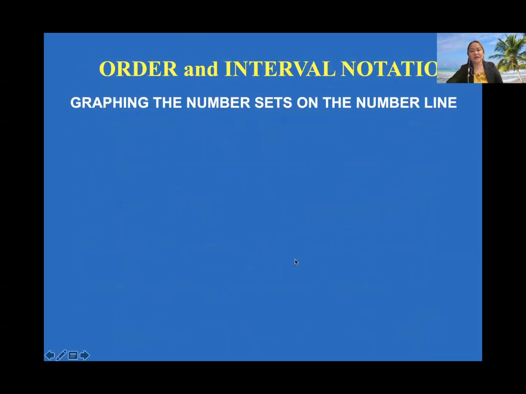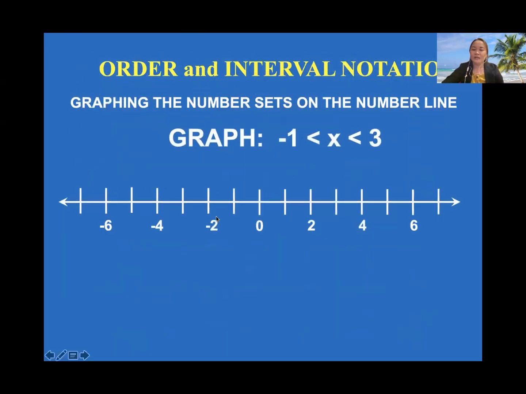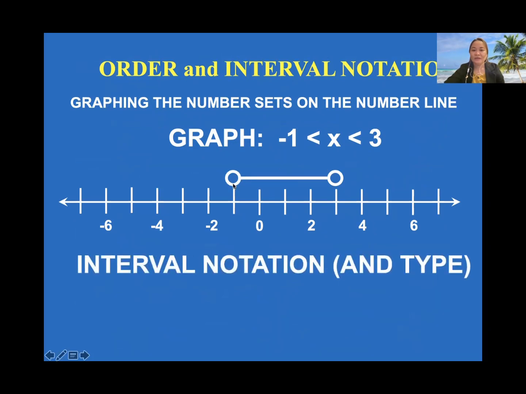So we have here the interval notation and the corresponding graph with the interval form. We have here x is greater than -1 but less than 3. When you graph this one, it is open at -1 and open at 3. The solution set here includes 0 and 2.